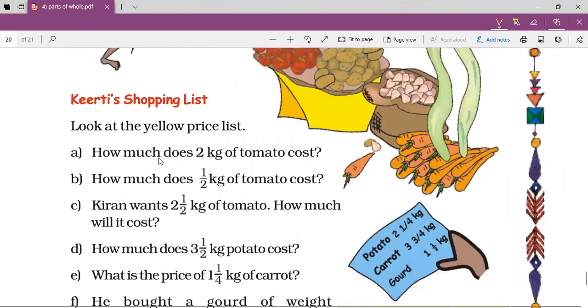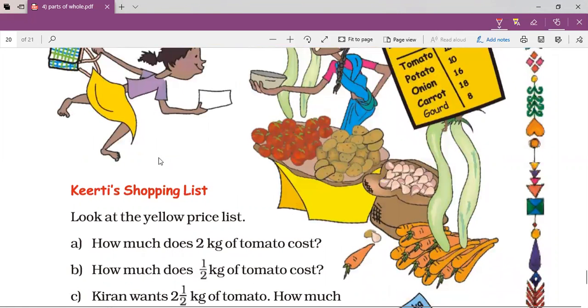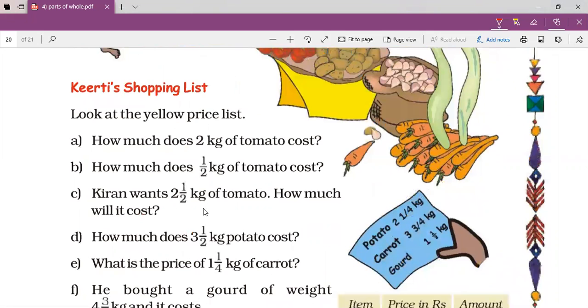What will be the rate for the 2 kg of tomatoes they are asking? Tomato rate is given as 12 per kg. So if he wants to buy 2 kg, how much will he have to give? 2 multiplied by 12 is equal to 24 rupees. Now for the remaining half kg, what do you have to do?